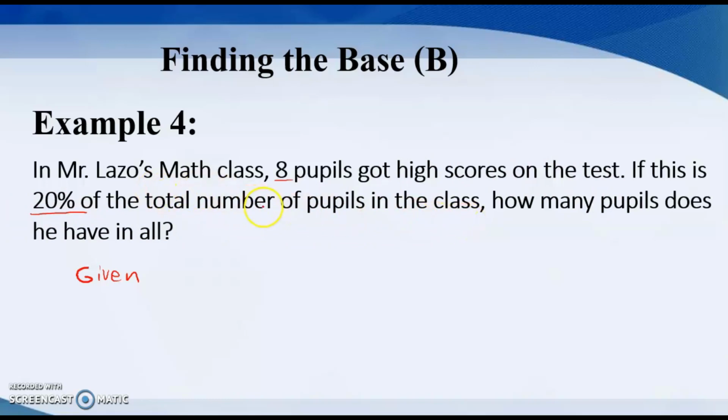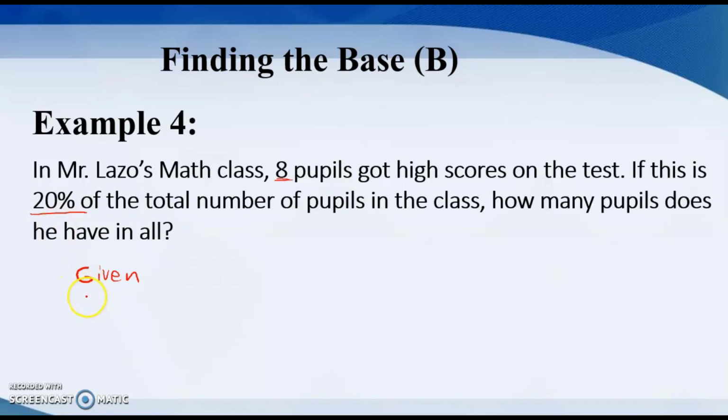So, ibig sabihin, yung 8 na yun yung nakakuha ng high scores. Okay, which is only 20% ng total number of pupils in the class. Ilan bang total number? Or ilang percent ba yung whole? Di ba 100%? Okay, so 20% lang yung nakakuha ng high score, which is 8.